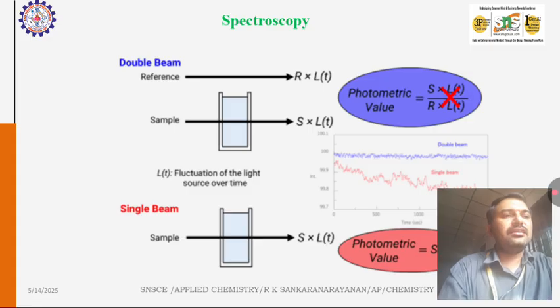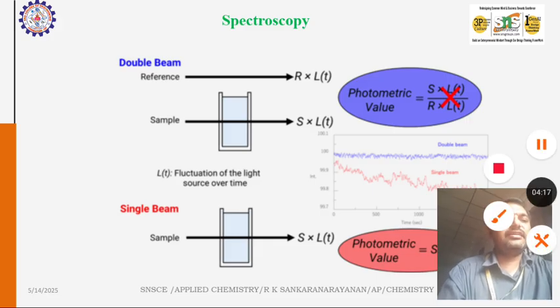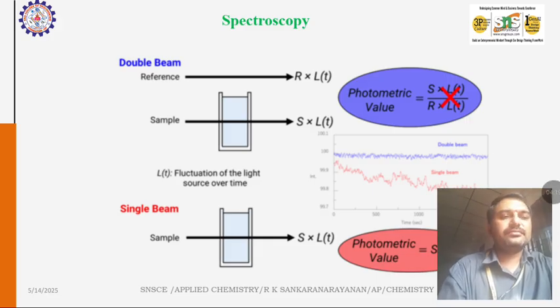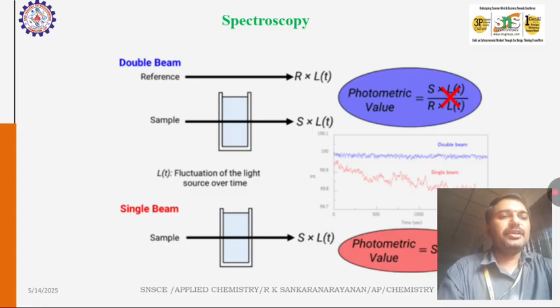If you use the serial dilution method, we keep the samples one by one and calculate whether the concentration increases or decreases. This is the single beam. In double beam, the fluctuation of the light source over time gets nullified, which means baseline correction happens in the double beam.